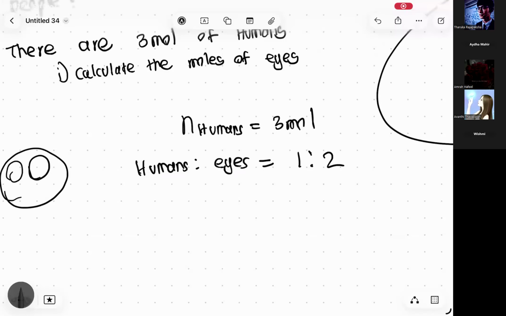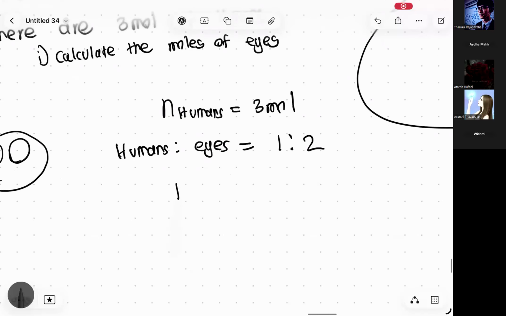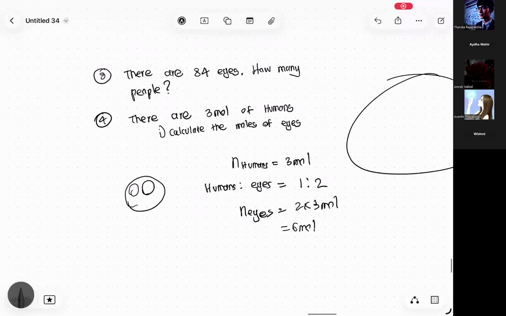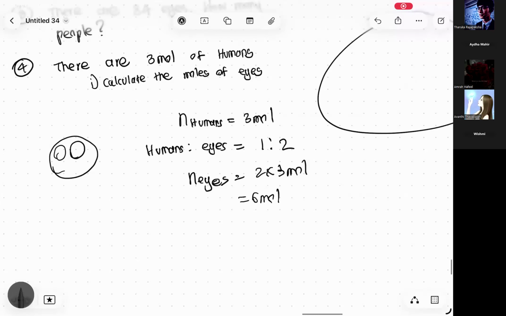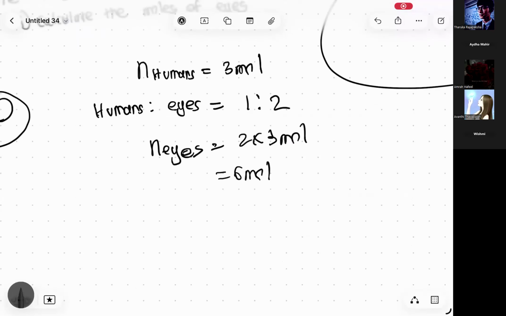If they ask you to calculate the number of moles of eyes, you consider this ratio and multiply by 2, because 1:2. So the number of moles of eyes will be 2 times 3 moles. Very easy concept, the ratios. Everyone knows this ratio thing from O levels. With basic logic, 6 moles of eyes are there.